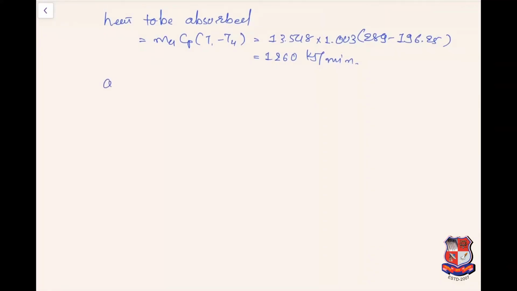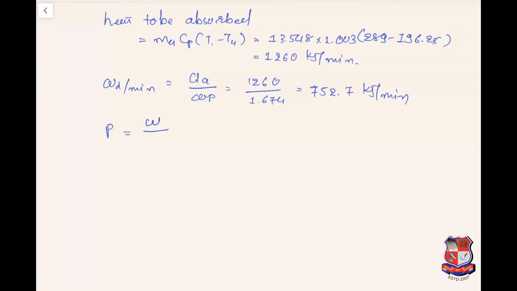So the work done per minute can be found out by the Q absorbed divided by COP, and that is 1260 divided by 1.674, so 752.7 kilojoule per minute, and power P will be equal to work done divided by 60, so 752.7 divided by 60, and that is equal to 12.54 kilojoule per second, or we can say 12.54 kilowatt.